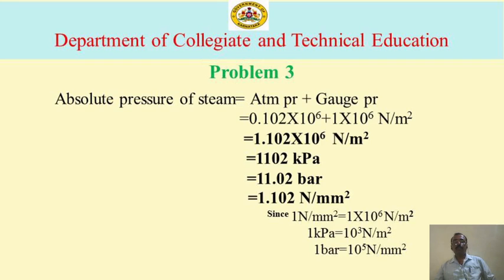So that is equal to 1.102 into 10 to the power of 6 Newton per meter square. Add these two values. The 10 to the power of 6 is common, so it is 1.102 into 10 to the power of 6 Newton per meter square.